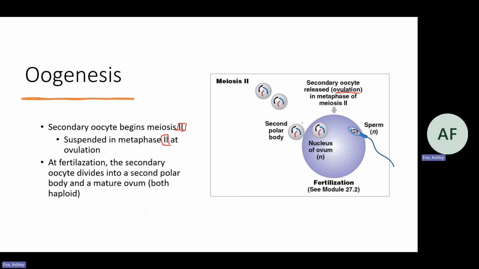And we actually produce a second polar body because, again, we have to divide the nucleus. So we complete with a second polar body, minimal cytoplasm, but separating the chromosomes. Get rid of that. And we have a mature ovum. So the only time we get a mature ovum is after fertilization. So the secondary oocyte is what's ovulated.